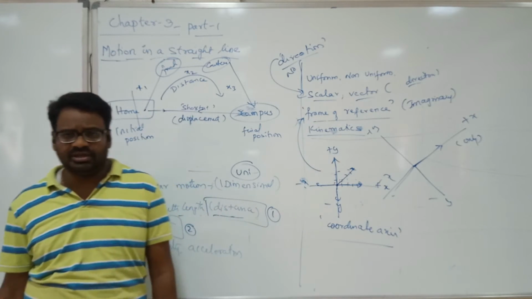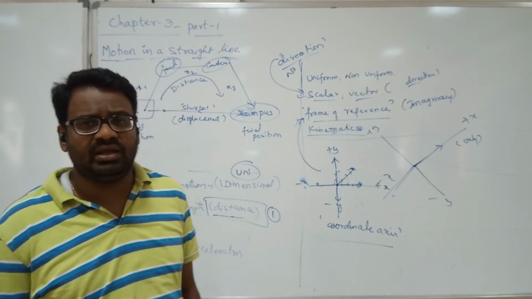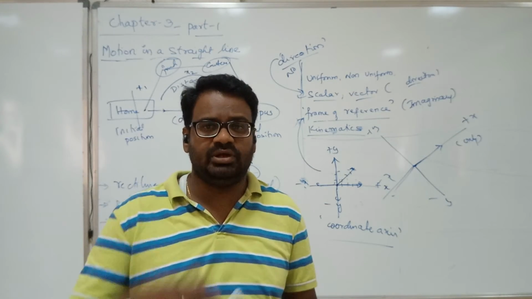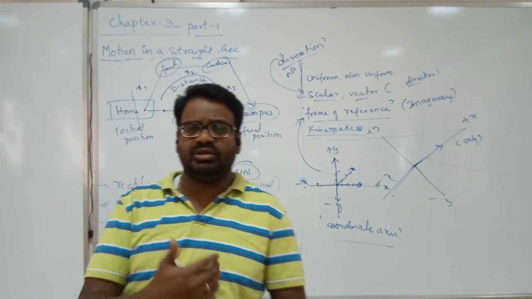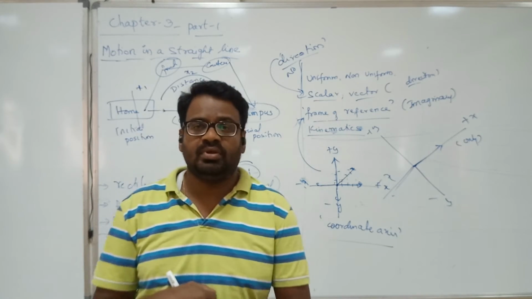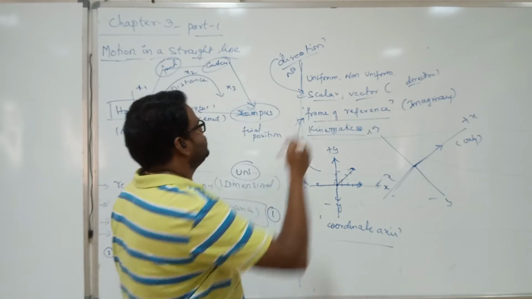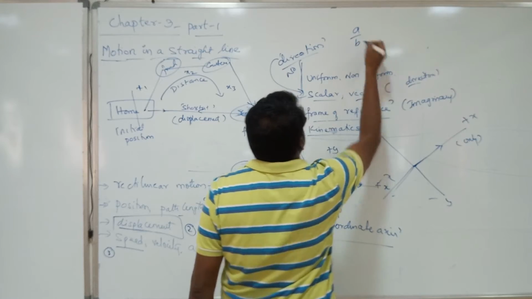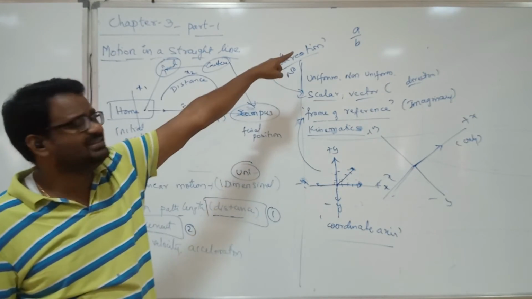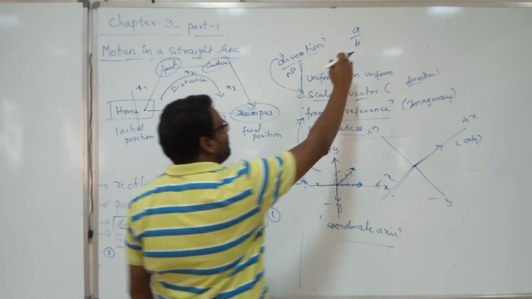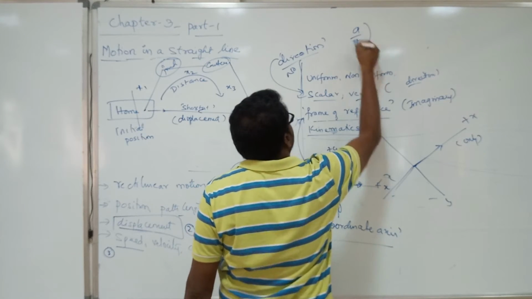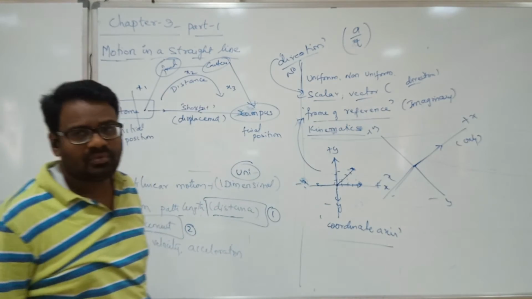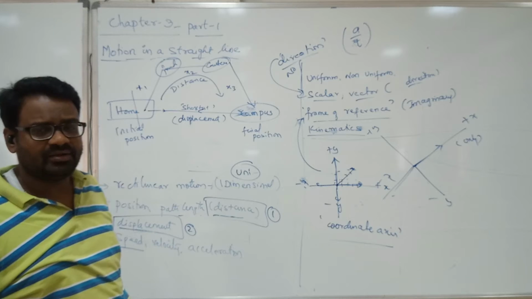Ratios, you know. A by B. Dividing something with the other is called a ratio. Ratio of A to B is A by B. We call this a rate if the denominating factor is replaced by time. What is the difference between ratio and rate?